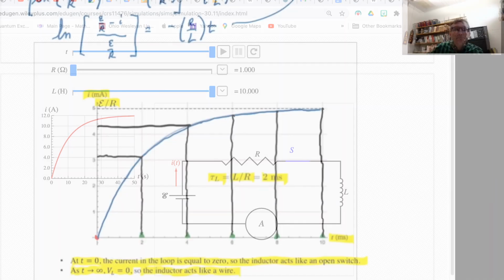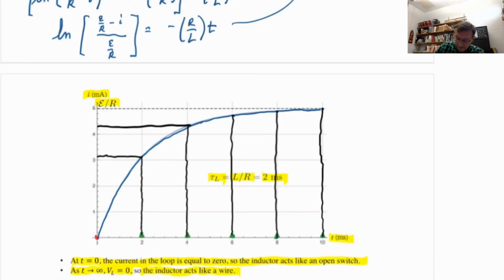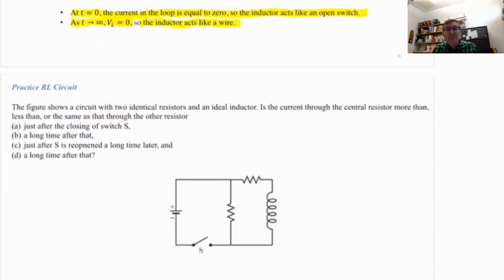Now, the only thing I have left is a little class engagement exercise for you on Blackboard. A little bit more of a complicated circuit, more than one loop, but we do have to be able to deal with multi-loop circuits.